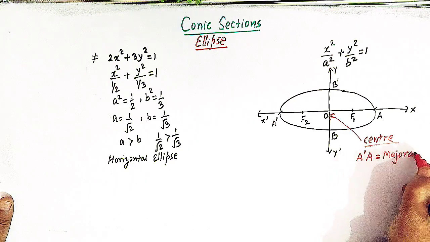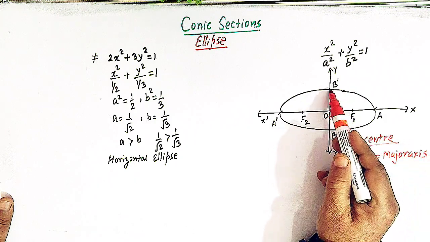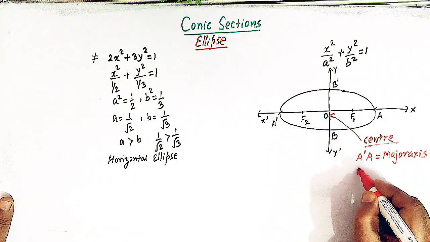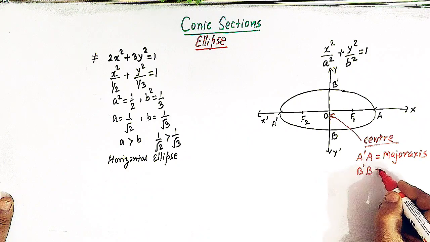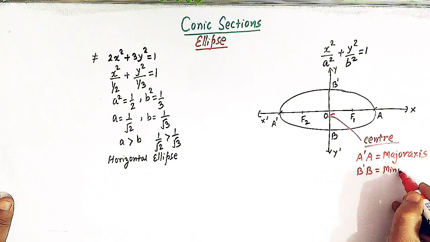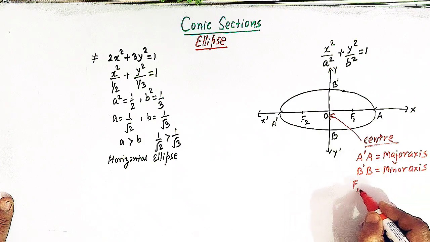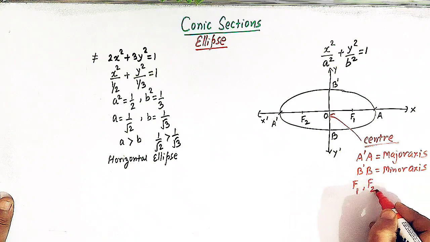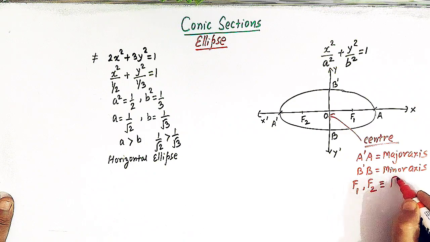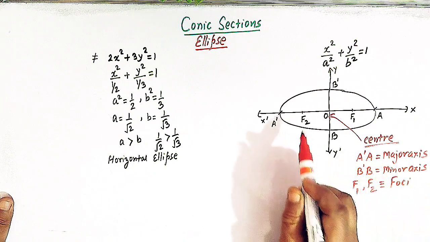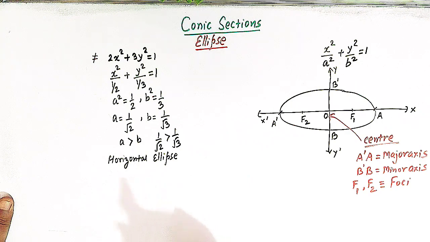Right? This is the major axis, and this length, that is b dash b, is known as minor axis. Right? And f1 and f2 are known as the focus or the foci of this ellipse. Right? Okay.